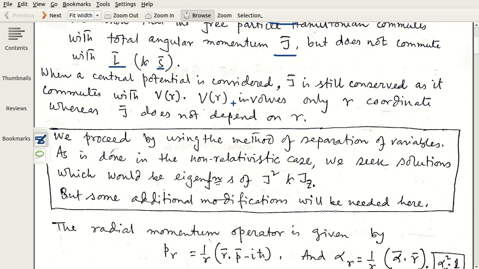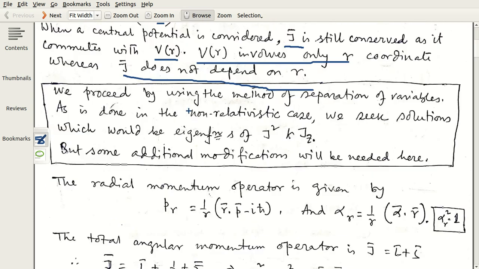That means in a central potential, J, the total angular momentum operator, is still conserved when V(r) is included, because it commutes with V(r), and the reason is written here. V(r) involves only the r coordinate, whereas J does not depend on r. J depends on theta and phi and the spin part actually.